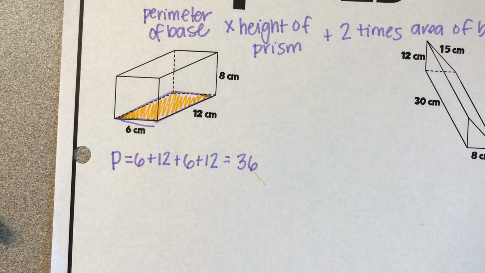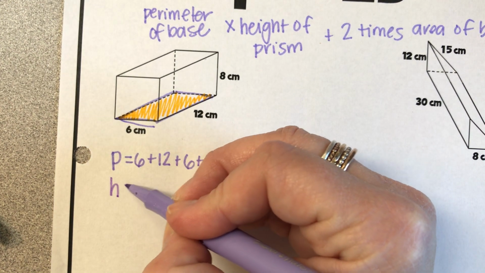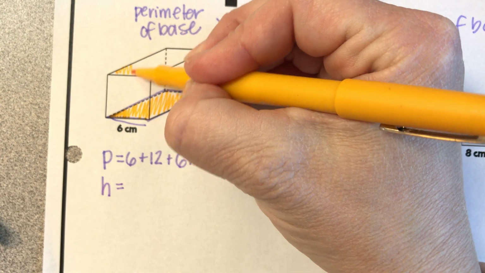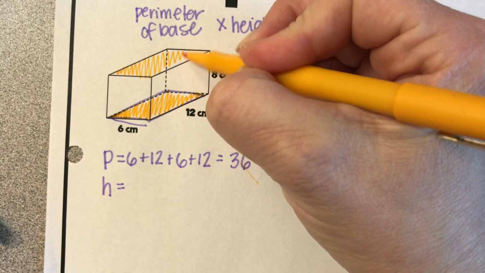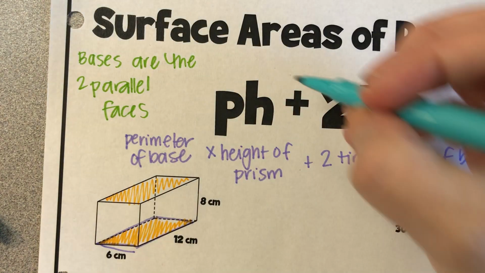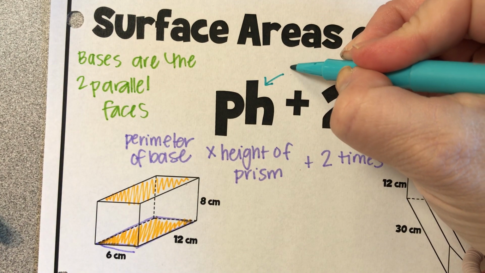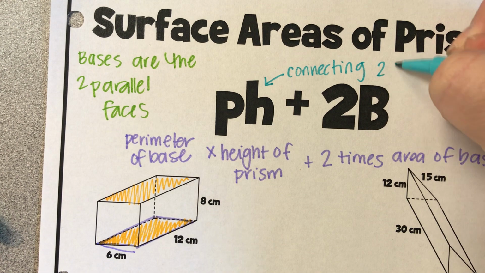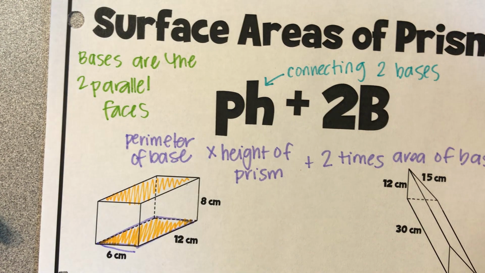Now let's identify what h is. h is the height of the prism. And the height of the prism is just like when we did height with trapezoids. It's what's connecting the two bases. We can even make a note of that up here. Height is connecting the two bases.